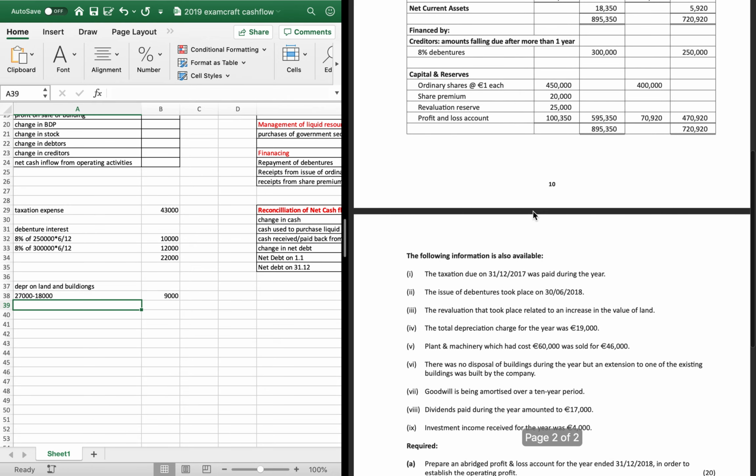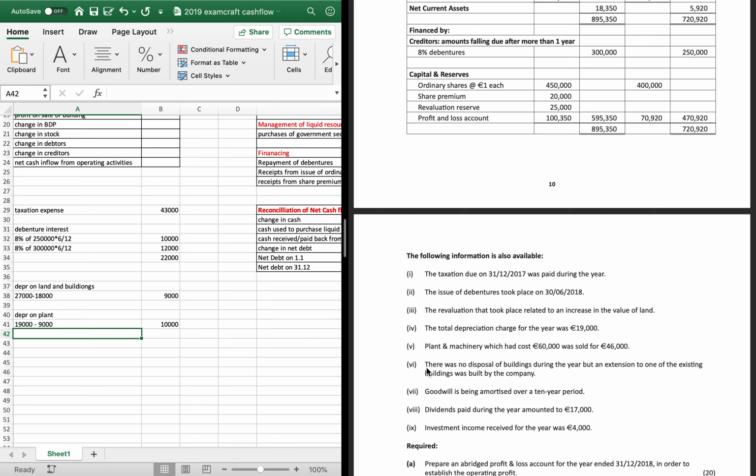That means that the depreciation on the plant and machinery has to be 10,000. And we'll see why that's going to be important in a bit. It has to be 10,000 because the total is 19,000. So 19,000 minus this 9,000 that we just worked out gives you the 10,000. Okay, and we'll see that'll be important on the profit on the sale of the assets in a minute.